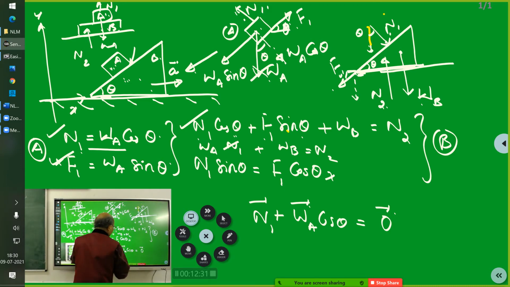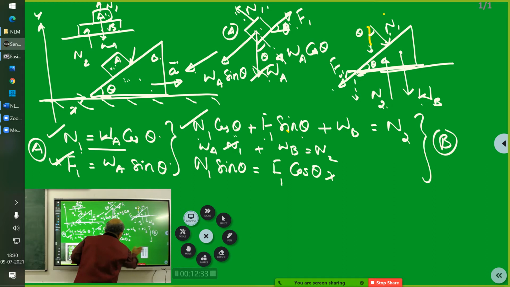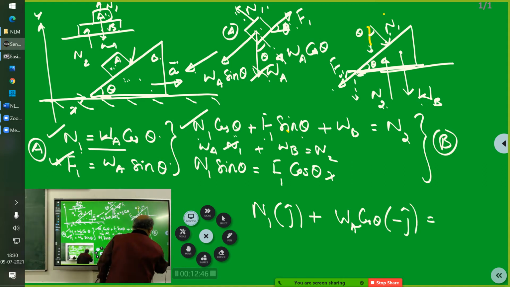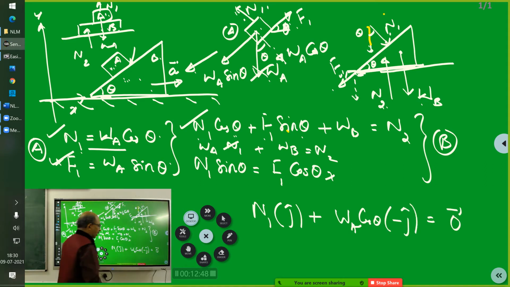Yes. See, don't get confused. If you write like this, N1 j carry plus WA cos theta minus j carry is equal to 0. Understood?